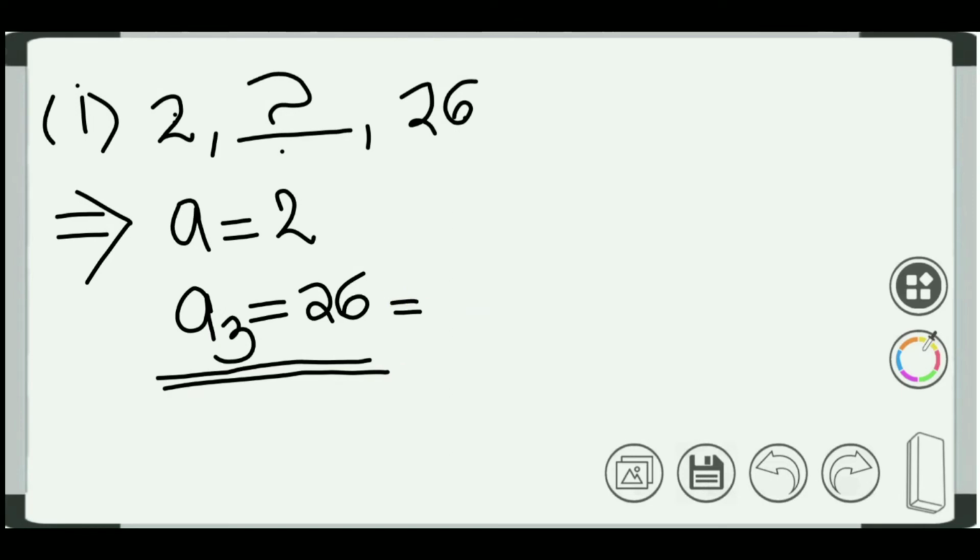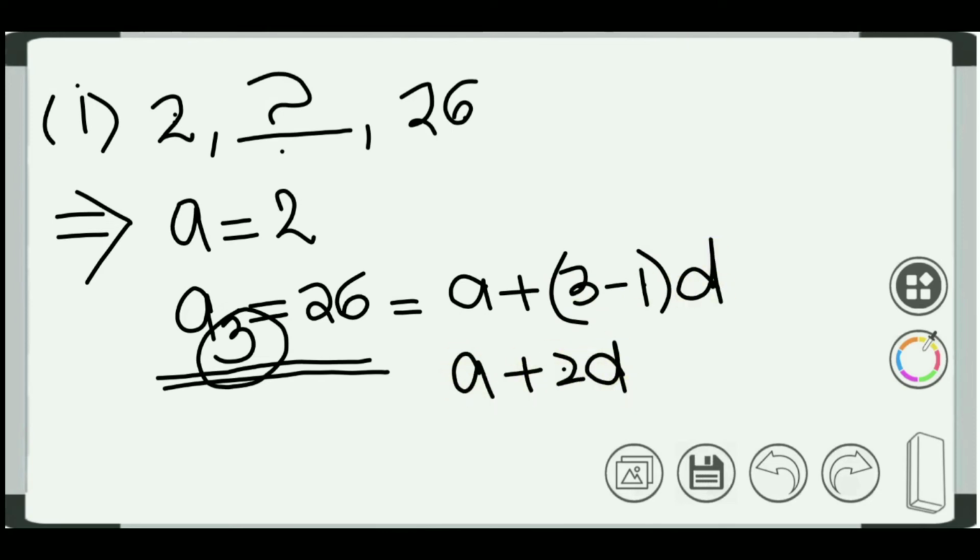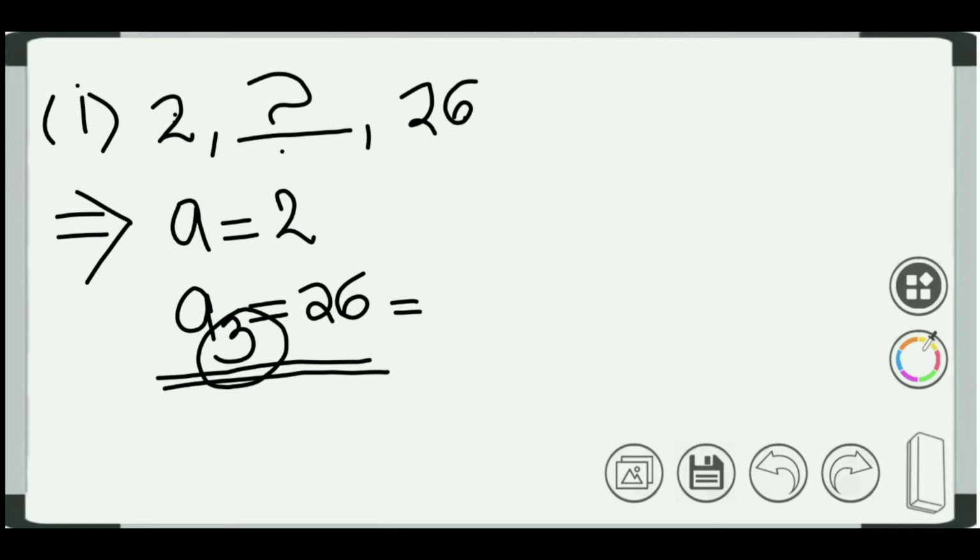Here n is 3, so a plus 3 minus 1 into d, that is a plus 2d. Therefore, a plus 2d equal to 26.